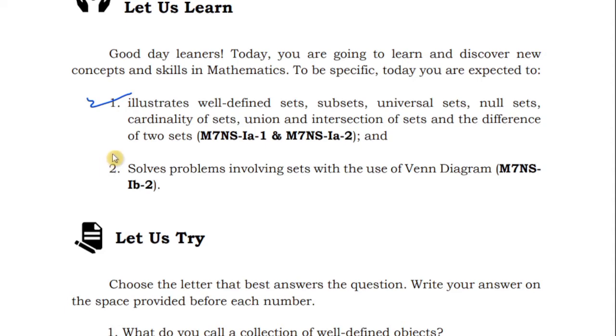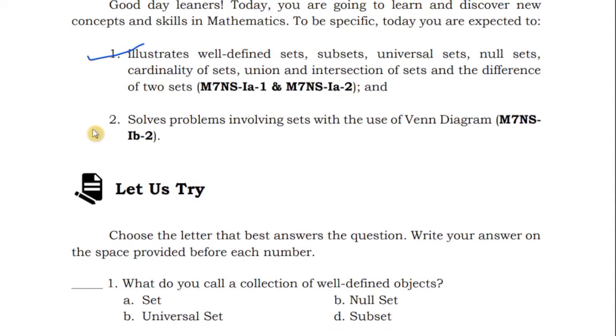Then we are going to solve problems involving sets with the use of a Venn diagram. So we have these two sets of objectives in order for us to understand and discuss this topic about sets.